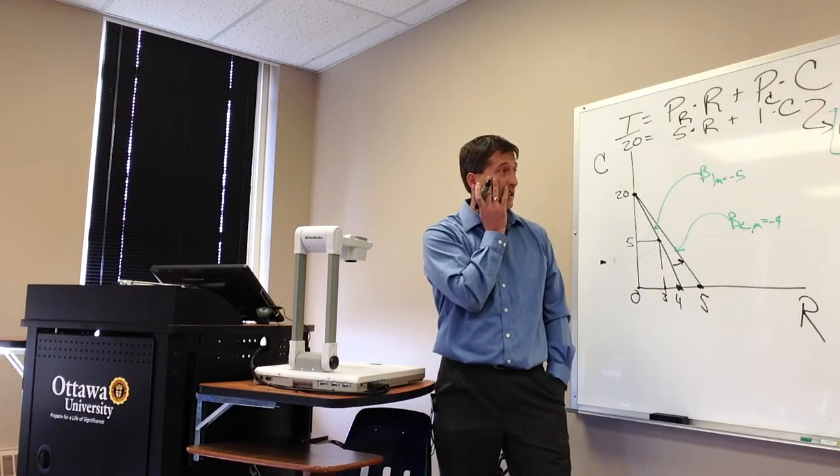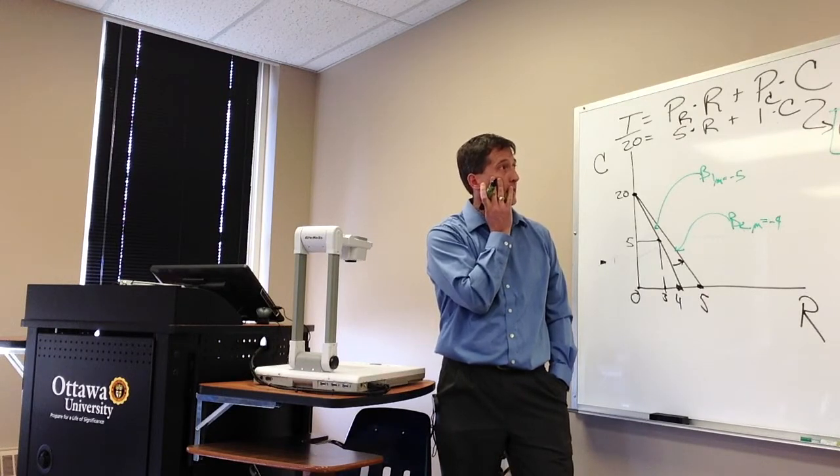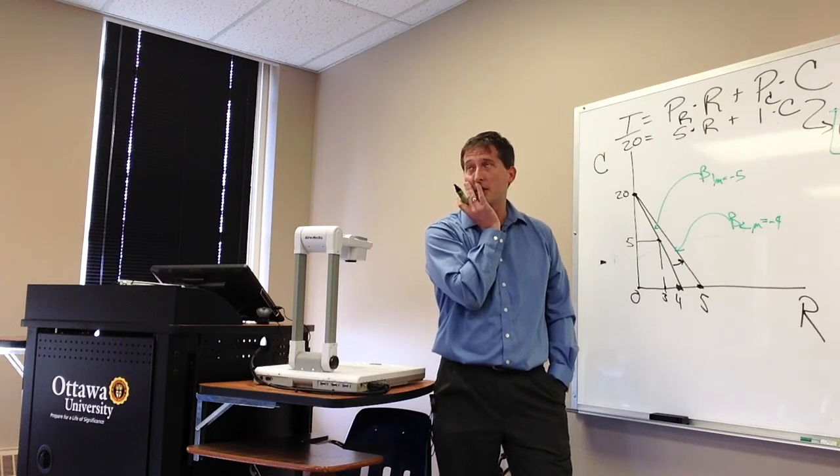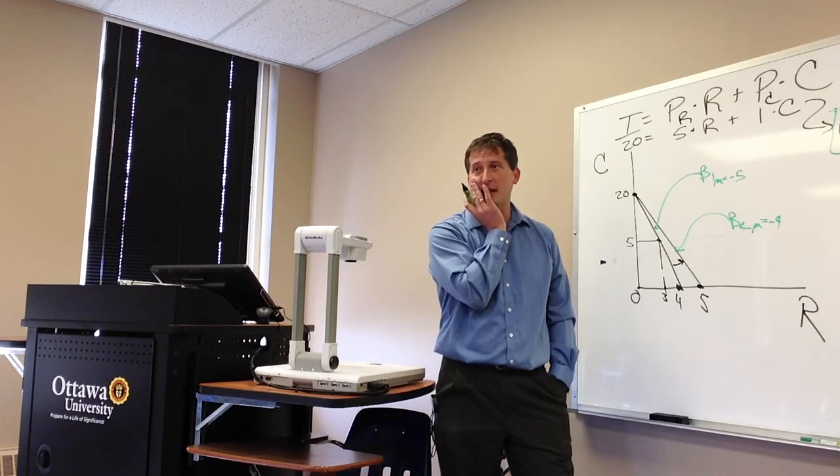Is it the price of candy or the price of rentals? Candy. So you gave up 5. Is the price of candy 5 rentals, or is the price of a rental 5 candies? Price of a rental is 5 candies.